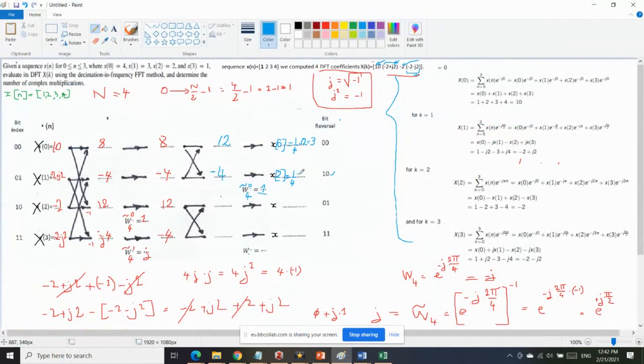So to be minus 4. Which means it is minus 1. Okay, next.